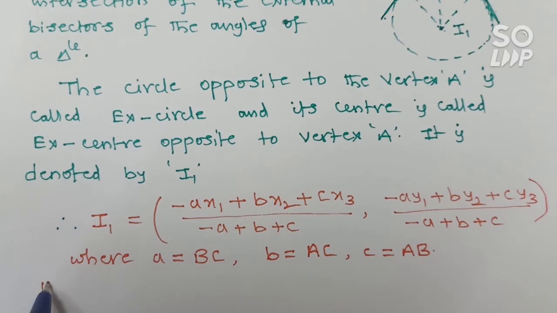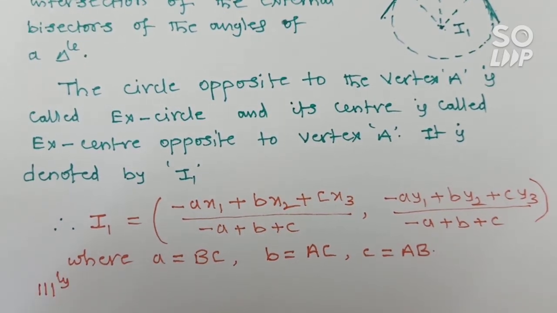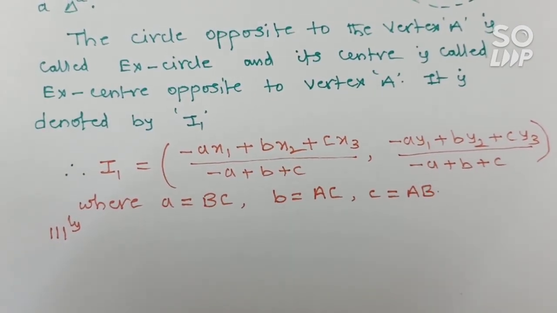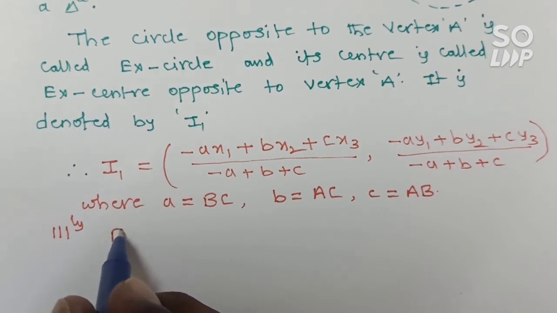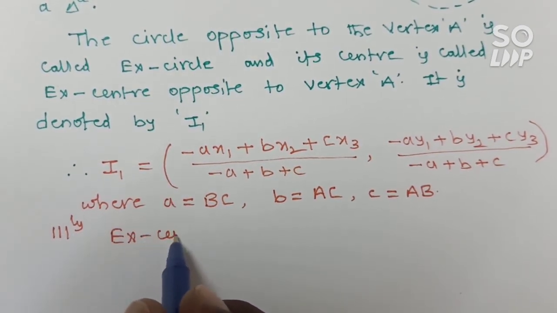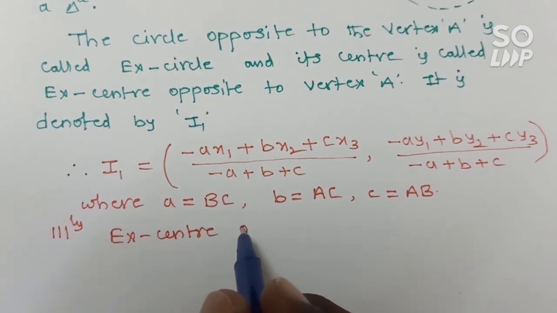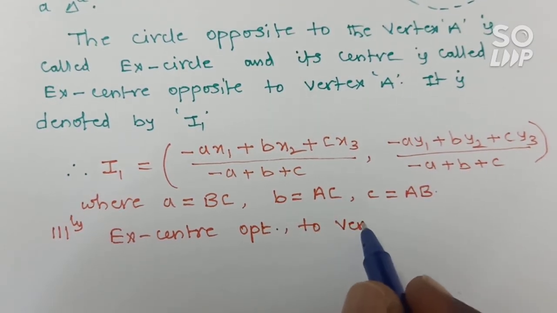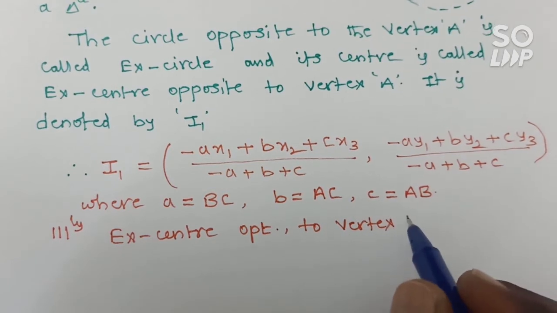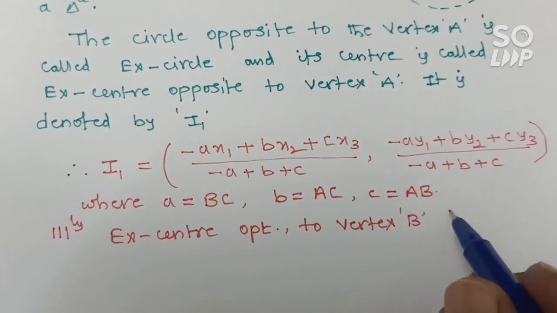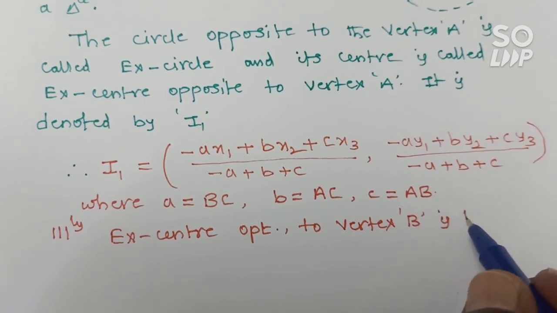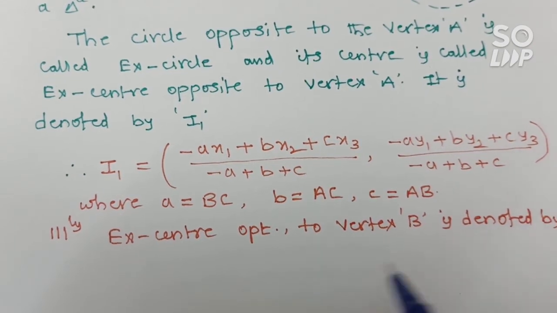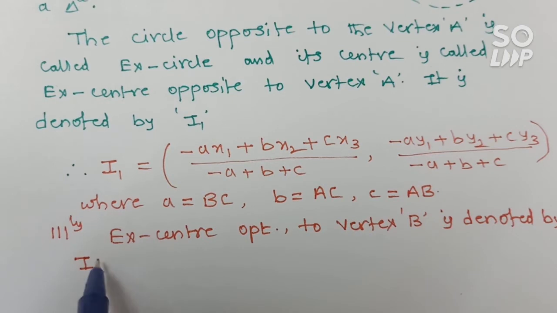Similarly, the excenter opposite to the vertex B is denoted by I2.